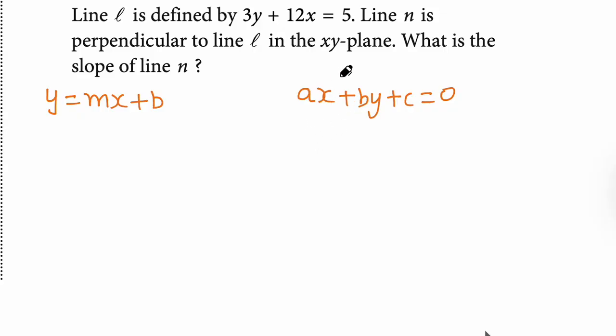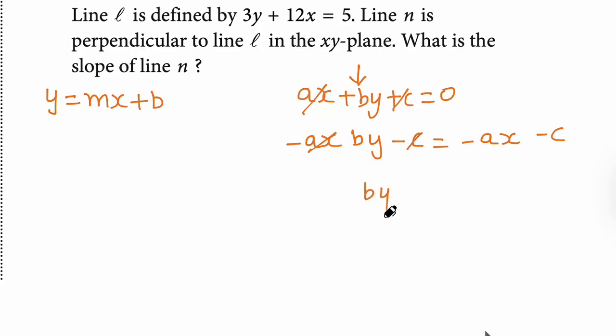What if I try to convert this standard equation into slope-intercept form? Then what happens? So by stays here as it is, right? Subtracting ax on both sides as well as subtracting c on both sides. So ax cancelled, c cancelled.